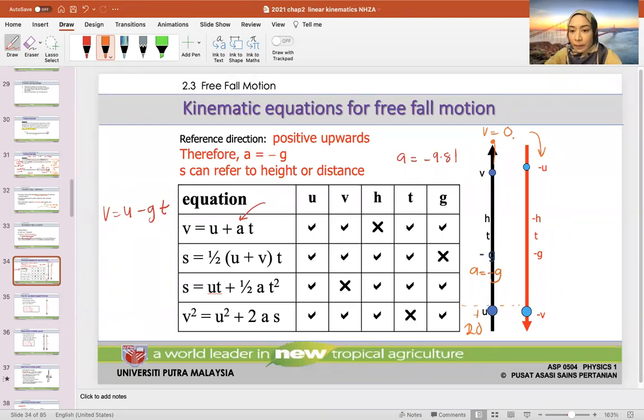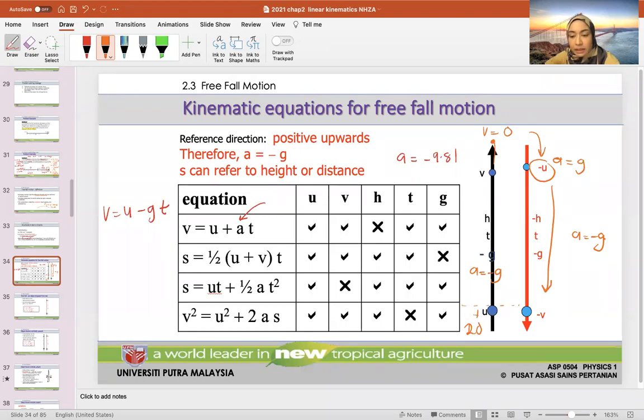So where should it go? We still have a equals to minus g. So it has to come down, and now my initial velocity is negative u. And then it goes down, down, down. My acceleration is minus g. Now, is my speed increasing or decreasing?